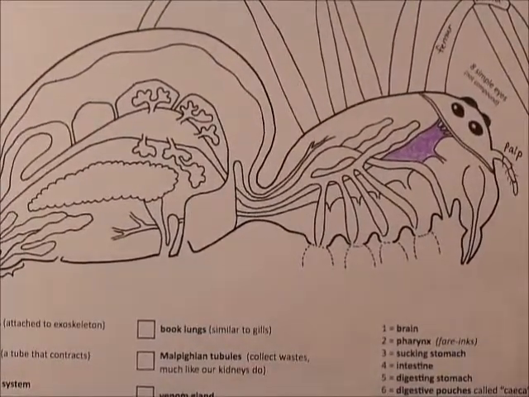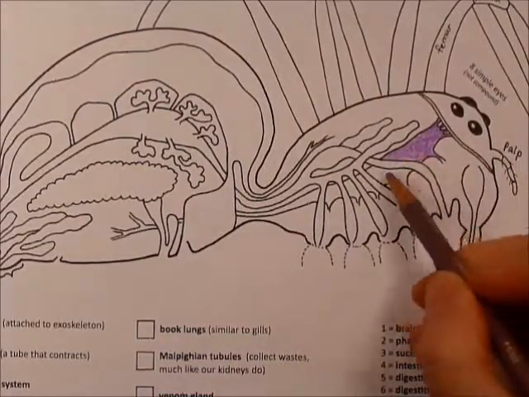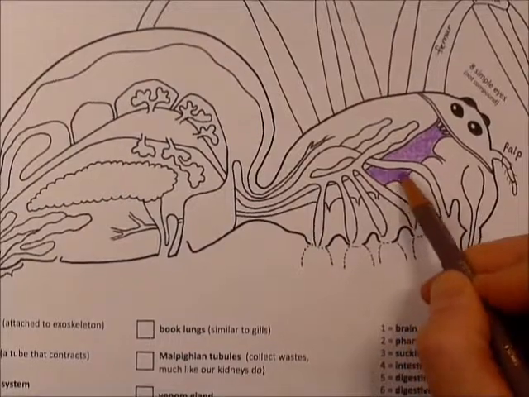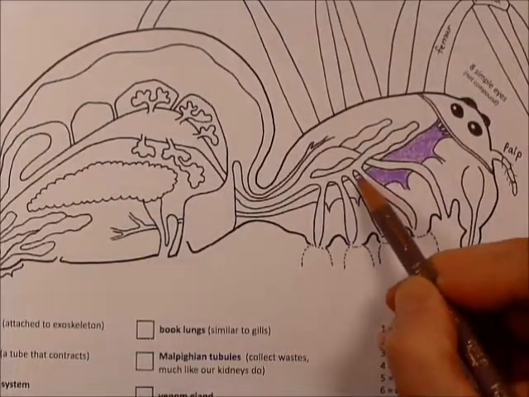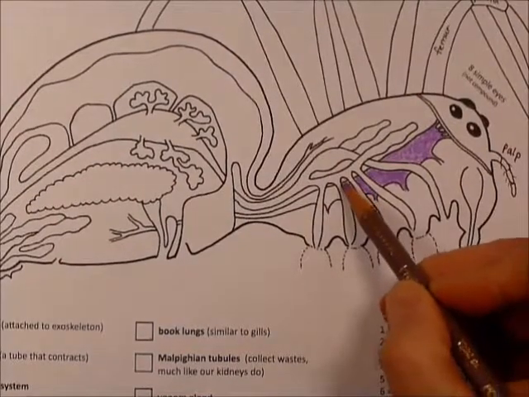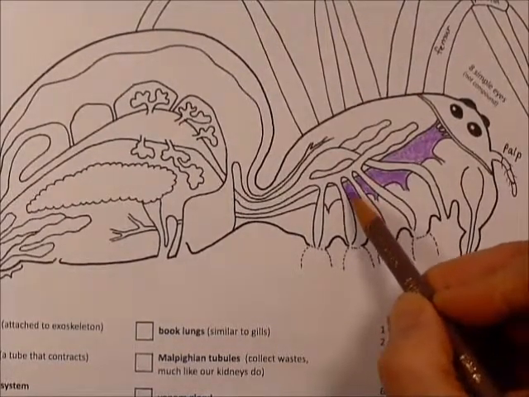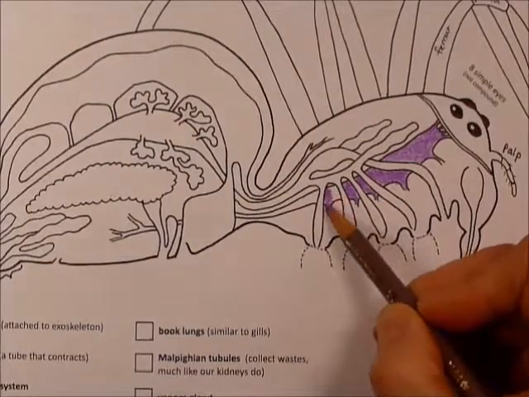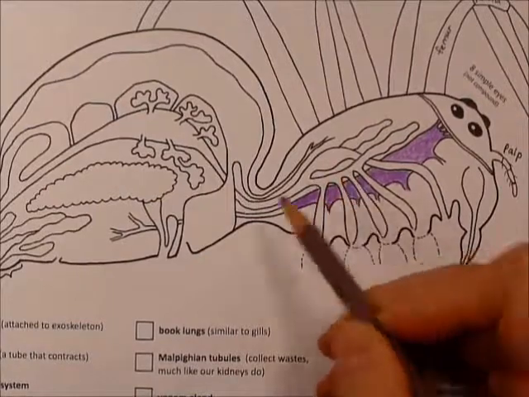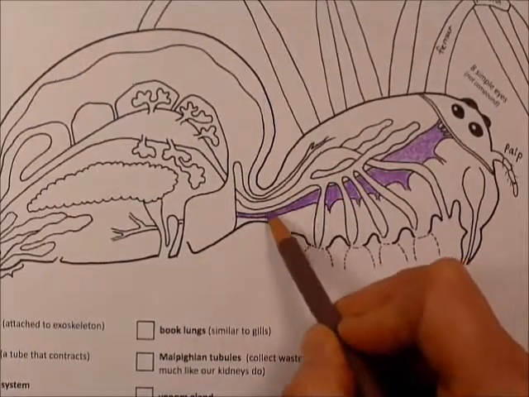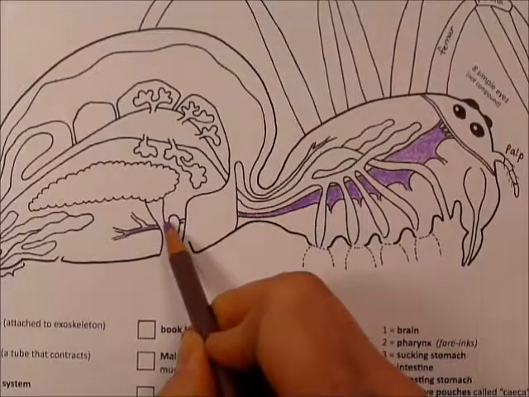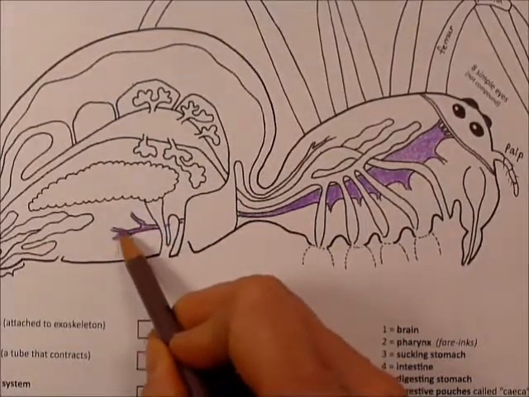So the nervous system goes behind this thing. It's going to be on the bottom layer here. That behind here. And then it goes behind these things also.